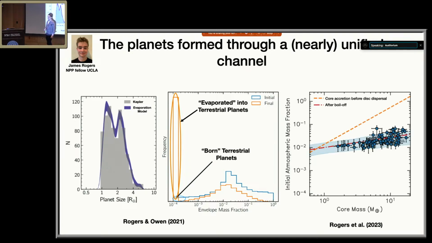And rather remarkably, if you plot what the initial distribution of envelope mass as a function of core mass should look like, this is where core accretion should put you on this line here. And this is where you would get if you started on core accretion and went through this boil-off process where there's disk dispersal. So the whole picture actually quite nicely hangs together.